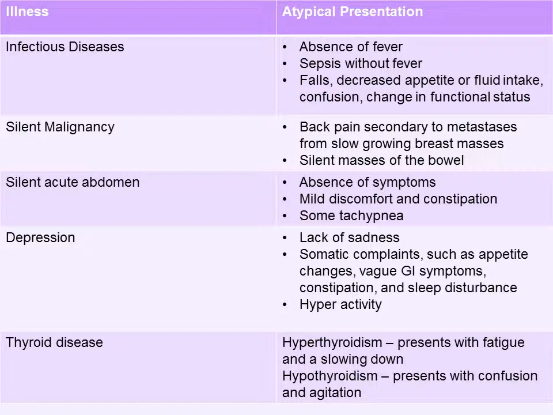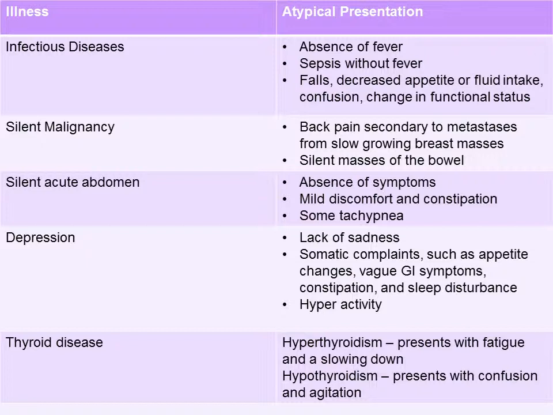They may have mild discomfort, they may have a little constipation, tachypnea, or just no symptoms at all. Depression: lack of sadness. Somatic complaints such as appetite changes, vague GI symptoms, constipation, sleep disturbance, or just hyperactivity.